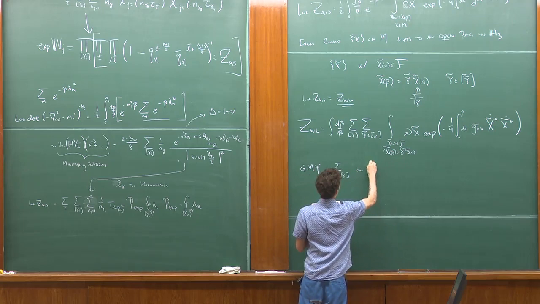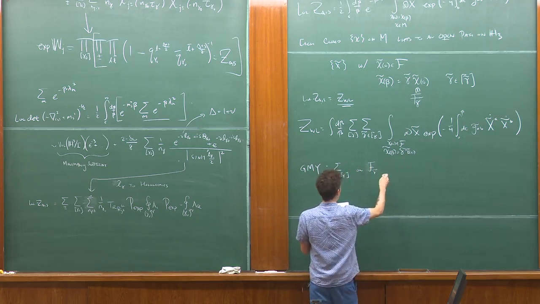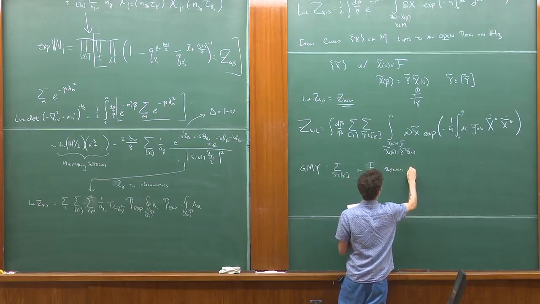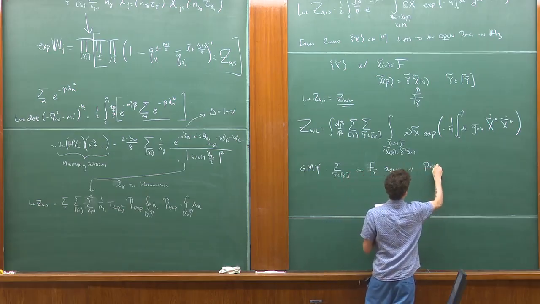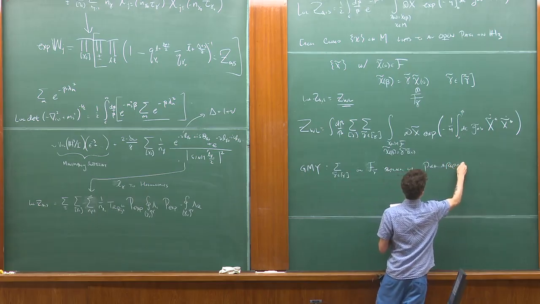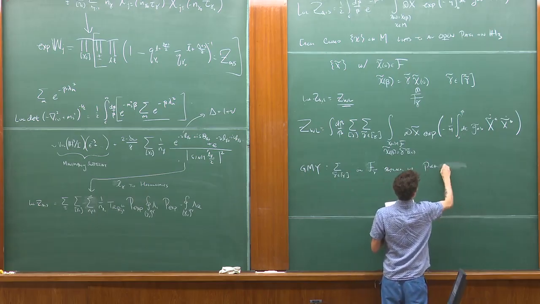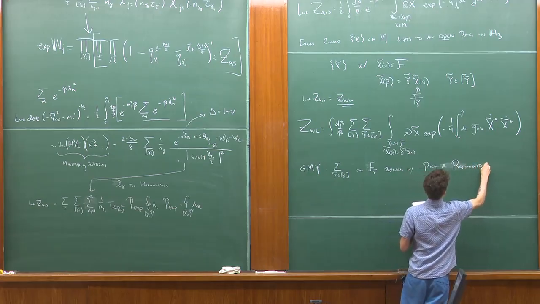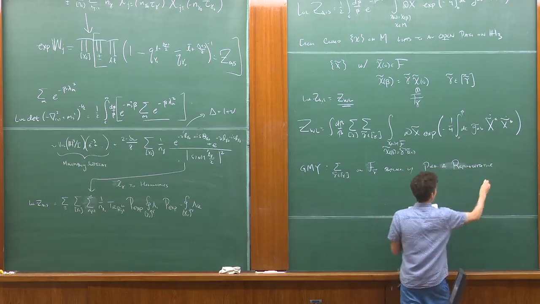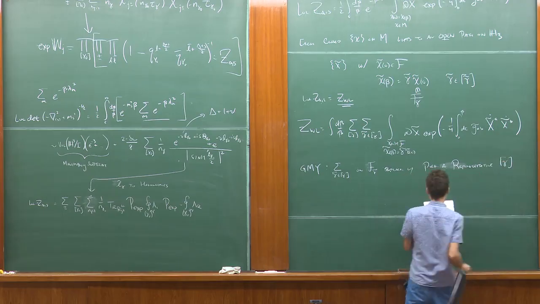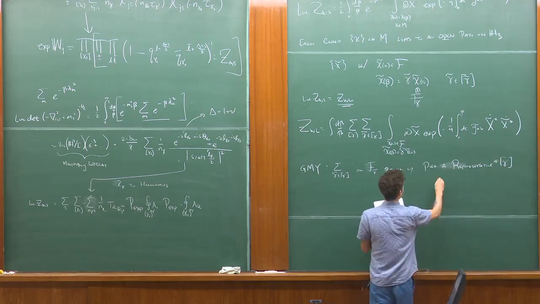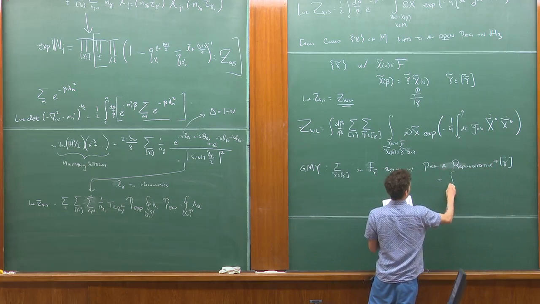Let me write it. And we replace this with the following. We pick a representative of gamma bar, and then we integrate over x's that lie in the centralizer of that gamma bar.